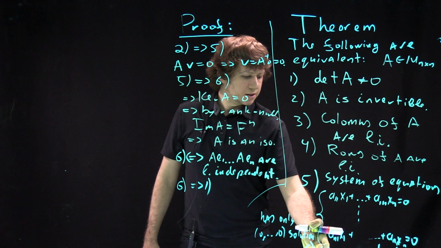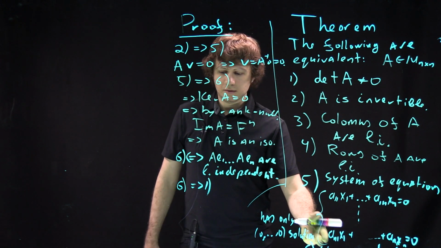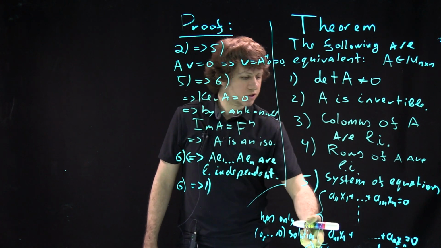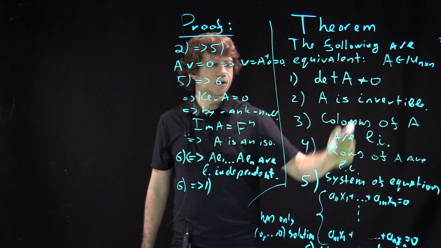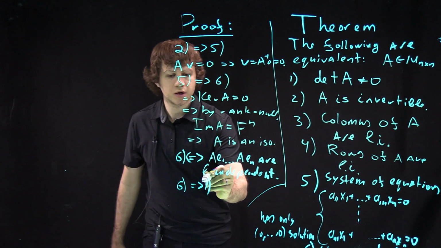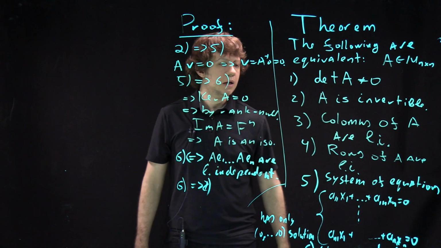We know that if a linear operator is invertible, then the matrix is invertible.